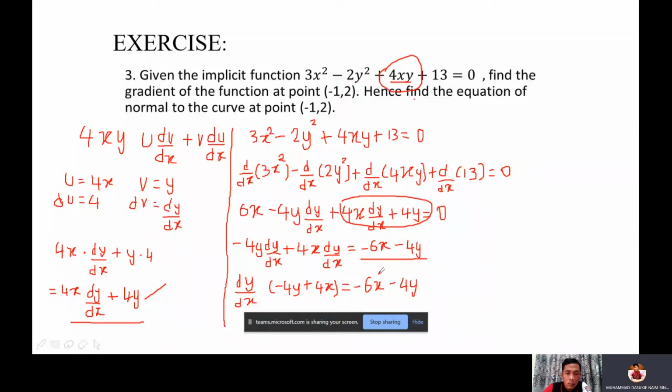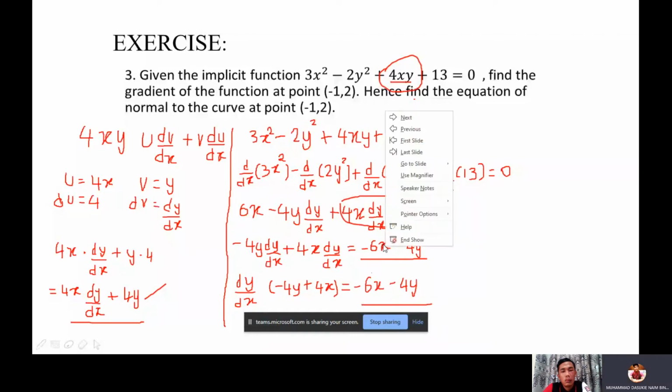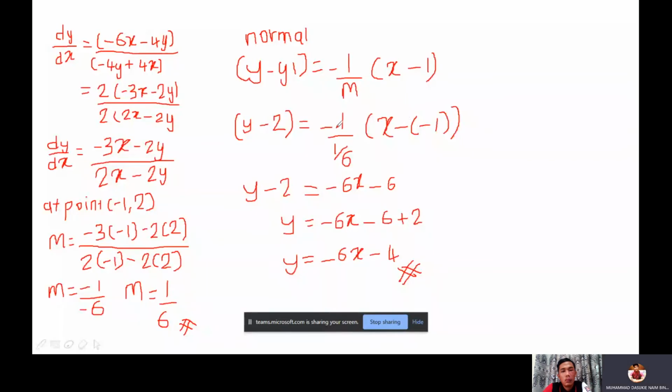We simplify the equation. dy/dx, open bracket, negative 4y plus 4x, close bracket, equals negative 6x minus 4y. Okay, so the next step is you must differentiate.